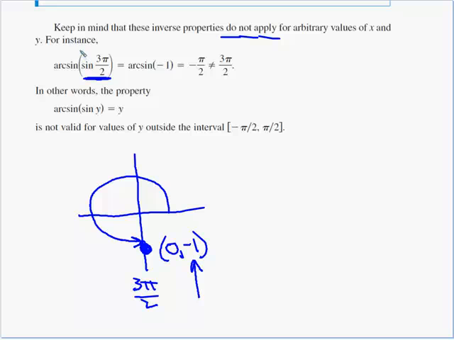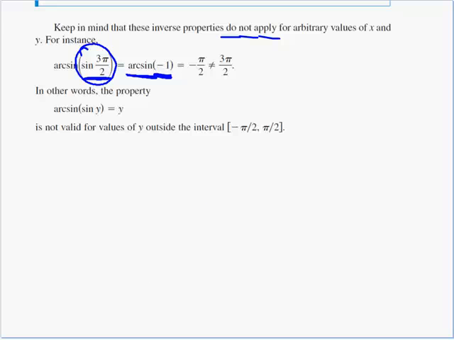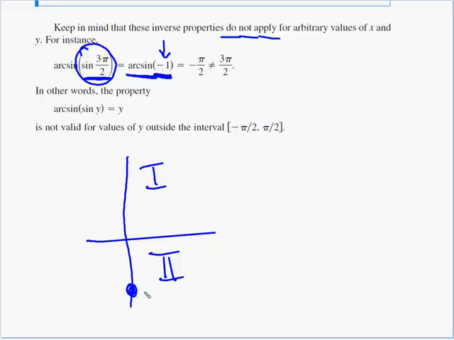So we could replace this with a negative 1 and then say, well, the arcsine of negative 1. What is the arcsine of negative 1? Well, we'd go back to our unit circle, remembering that we're only defined in quadrants 1 and 4. Where is sine equal to negative 1? Well, that's going to be down here. That point again is 0, negative 1. How do we get there? What angle opens up to give us that value?